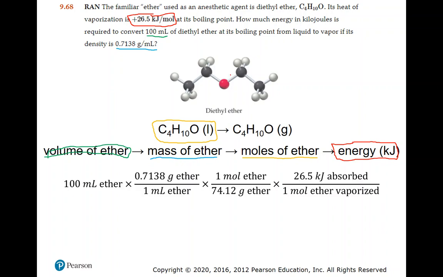So let's go ahead and plug in the actual numbers that we have. We're starting with our volume, which they told us in the problem is 100 milliliters. We're first going to multiply that by the density in terms of grams per milliliter. As you can hopefully see, that will cancel out milliliters, leaving us initially with grams, which we can then convert into moles using the molar mass.